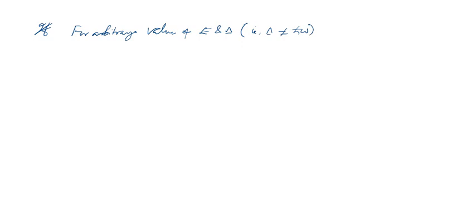Let's see what happens. Only one condition: we take arbitrary values of E and delta such that delta is very small. So E is very much greater than delta, but delta is very much greater than the minimum value, h cross omega. So delta is greater than h cross omega but less than the total energy.